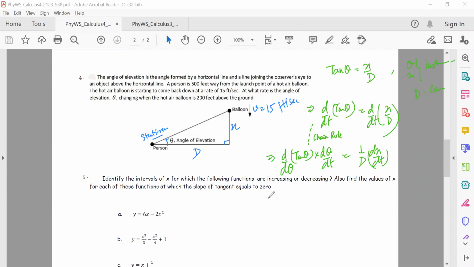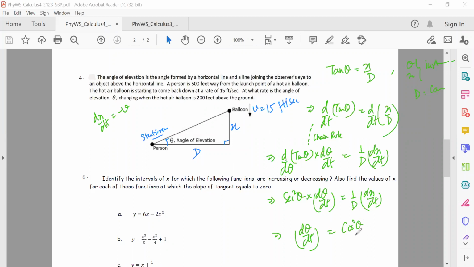So differentiation of tan theta, you know, is sec square theta, into d theta by dt, is equal to 1 by d into dx by dt. Now we can see in this diagram that dx by dt is equal to minus v. So from this, the rate of change of theta will become cos square theta by d into minus v.